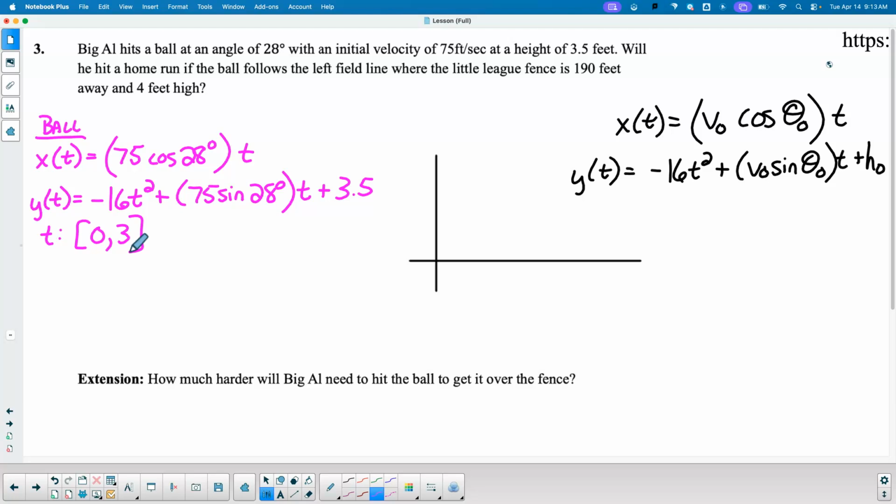Then on top of that, we need to come up with a parametric equation for the wall. x of t is going to be what for the wall? In a parametric equation, the x is the what part of the object?